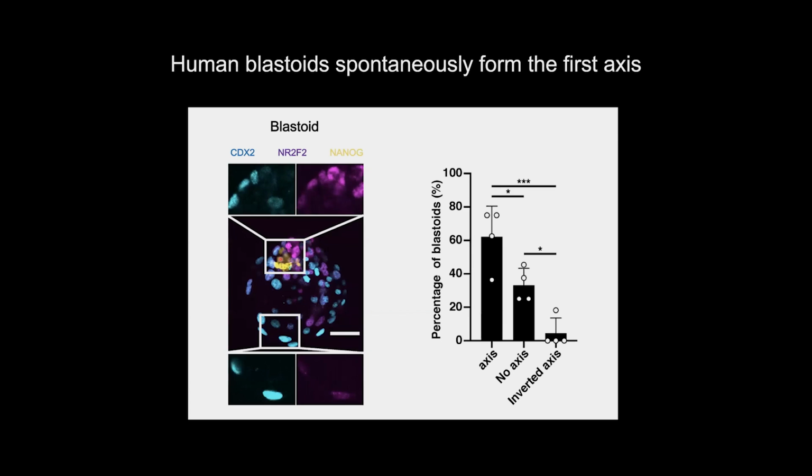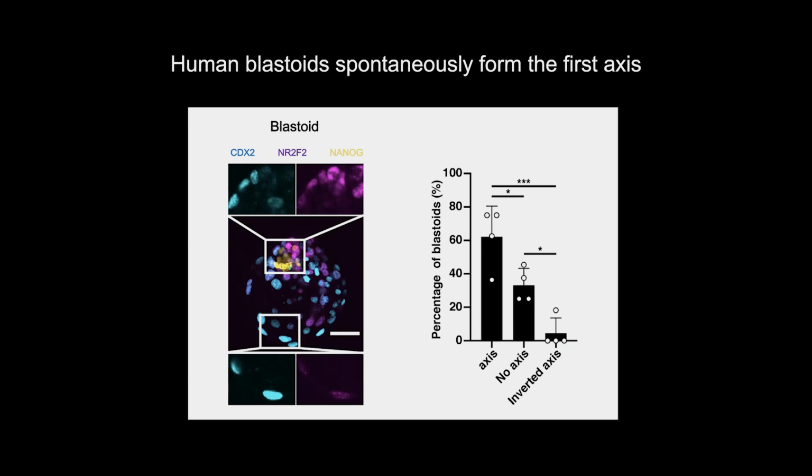This is suggesting that somehow the blastoids are forming spontaneously on axis. So we looked at this axis formation, and we observed that the majority of the blastoids, about 60% of them, are undergoing a process of trophoblast maturation in the polar region, that is marked by the expression of NR2F2, a transcription factor, and by many other genes that we pulled down by RNA sequencing.